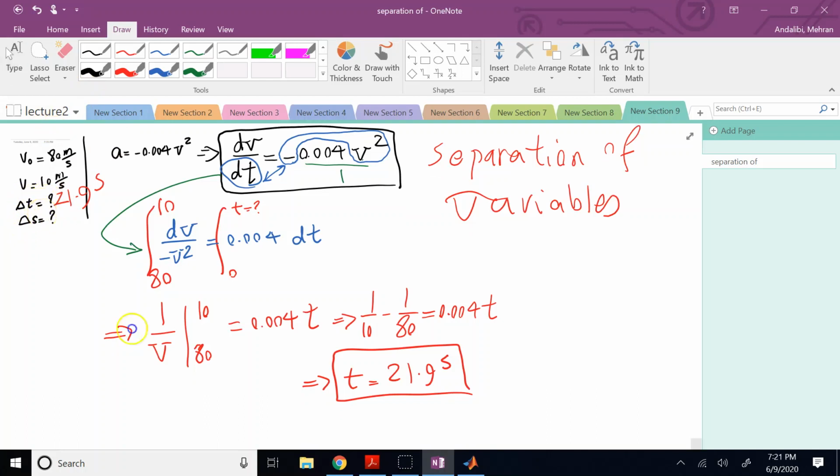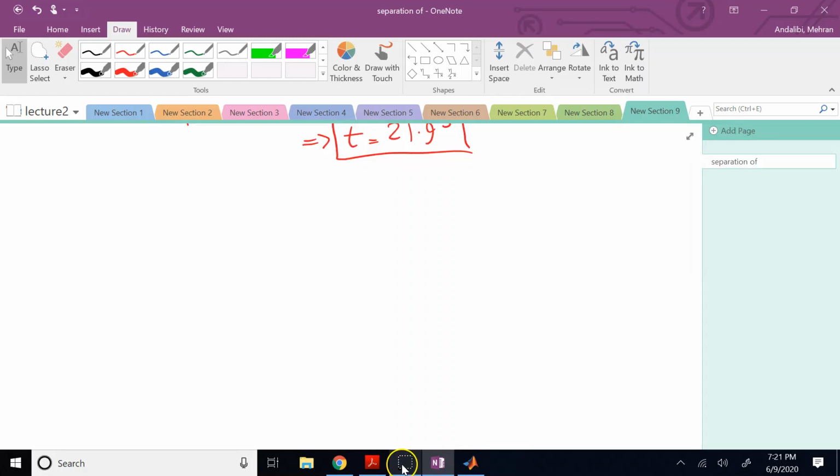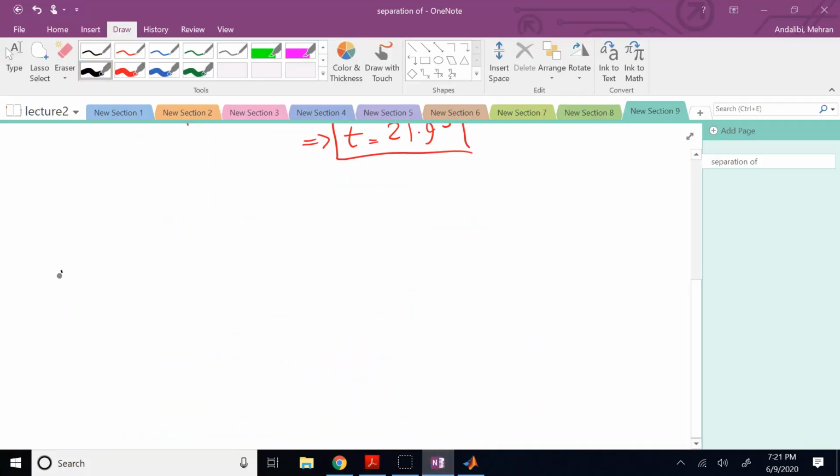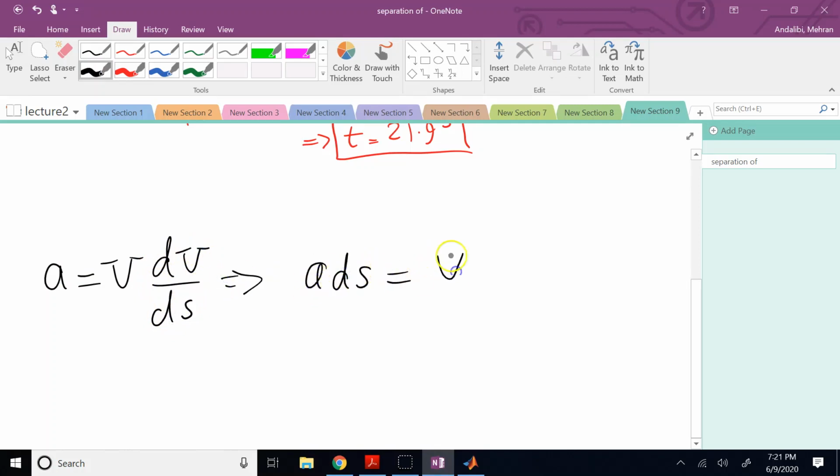Well, probably if I use the time independent equation, which is this guy here, A equals V dV over ds, or the cross multiplication version of it, then probably I can easily solve for delta S without the need to ever find time.